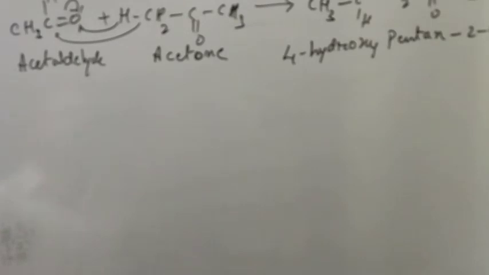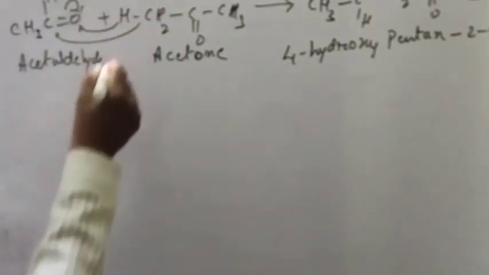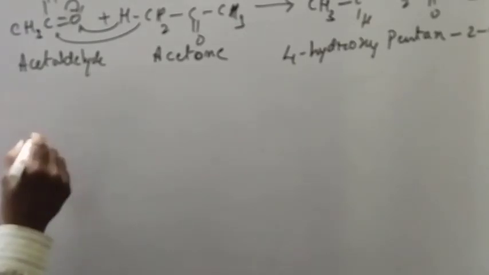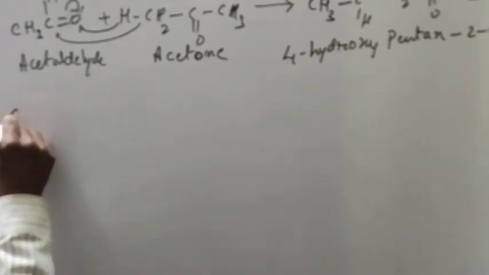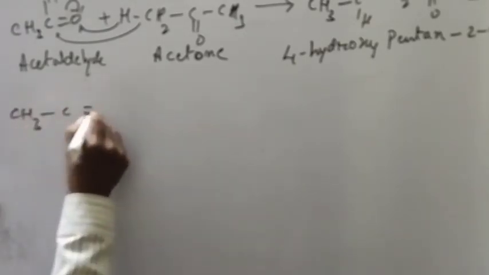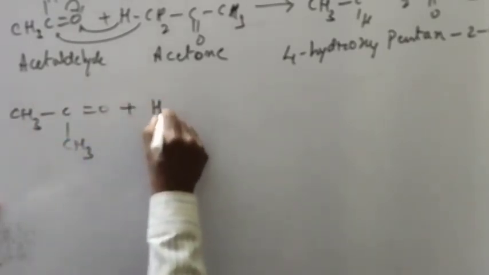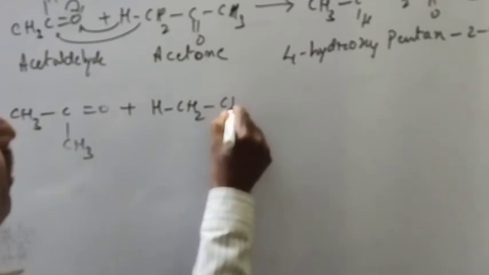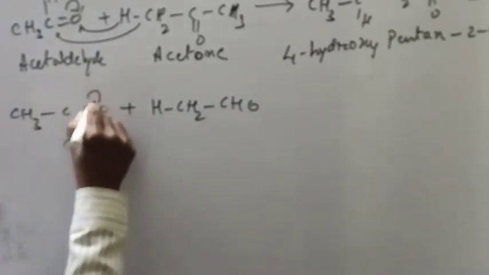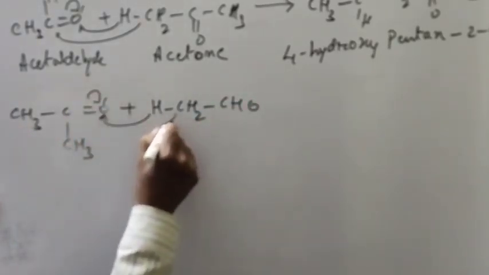Now, is there only one possibility? No. See, if we reverse this, suppose we take this molecule here and this molecule here, then what is the substance we get? This is CH3 C double bond O single bond CH3 plus HCH2CHO. So this bond shifts here, this comes and attacks here.